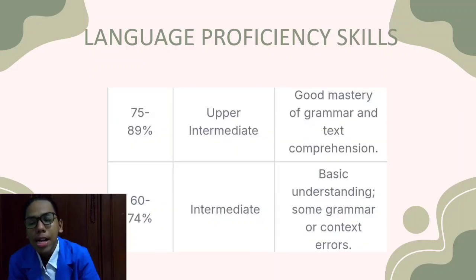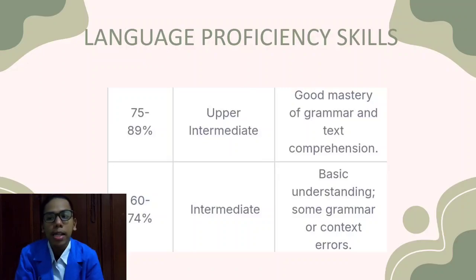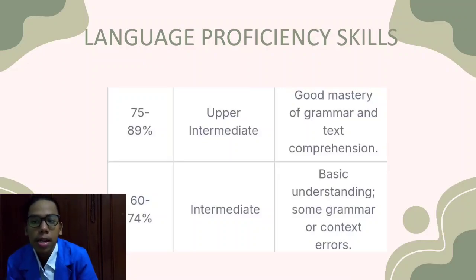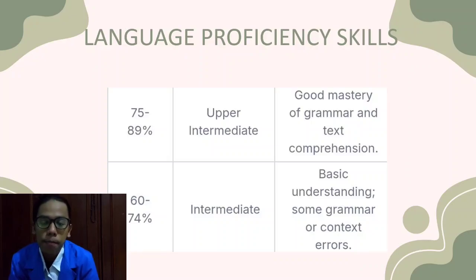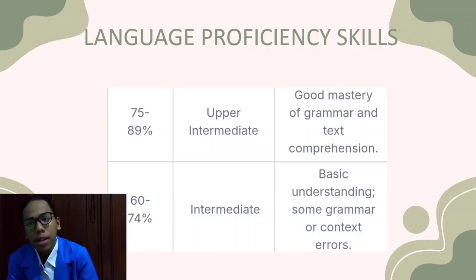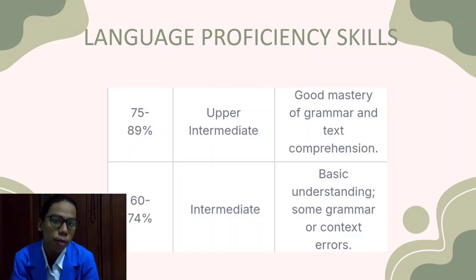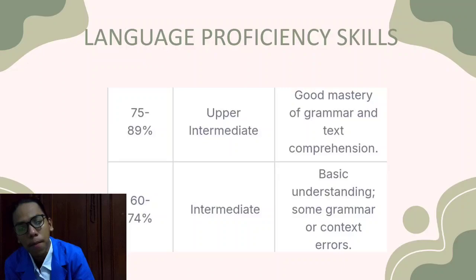And the score of 75 to 89% is classified as upper intermediate. Upper intermediate learners have good mastery of grammar and text comprehension.